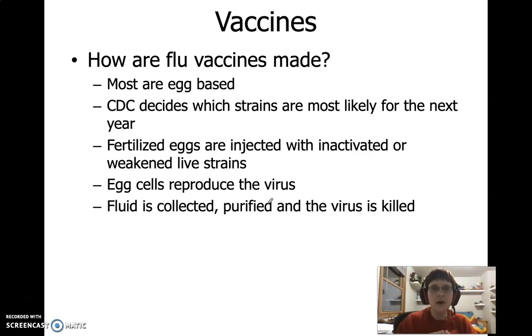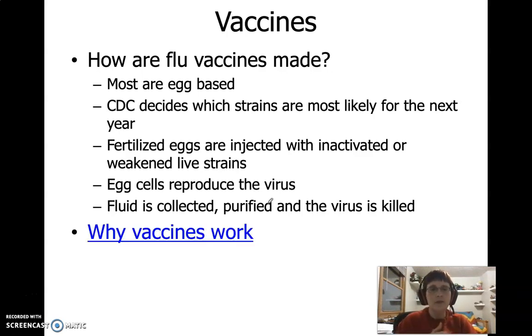What we usually want, and this is what we want with the flu virus, is for the capsid to stay intact, but for the DNA to be scrambled. We don't want the DNA to be functional, to cause problems and be copied. But we want the outside to be there so that our immune system has something to react to.